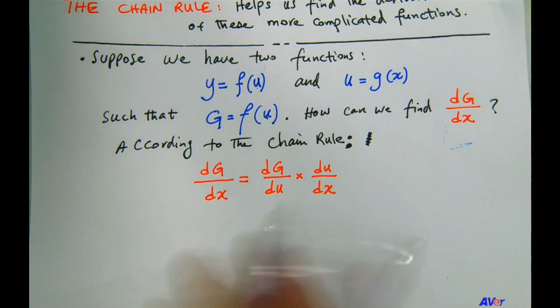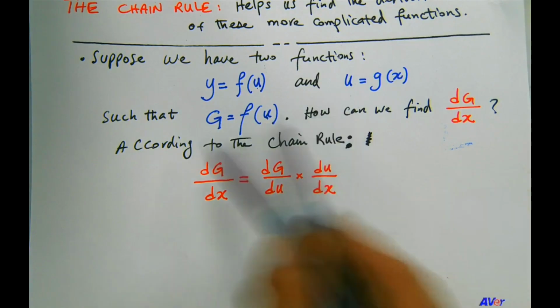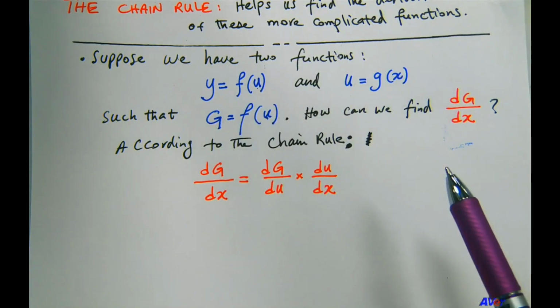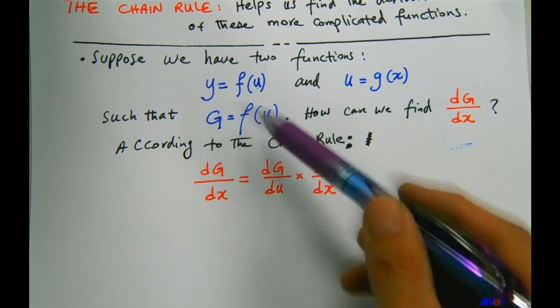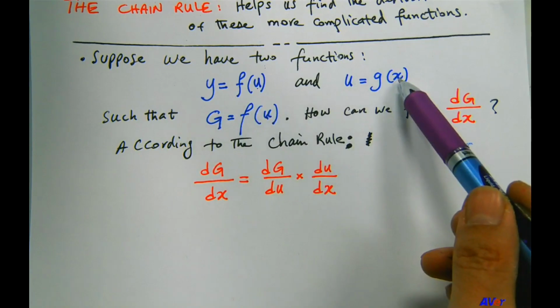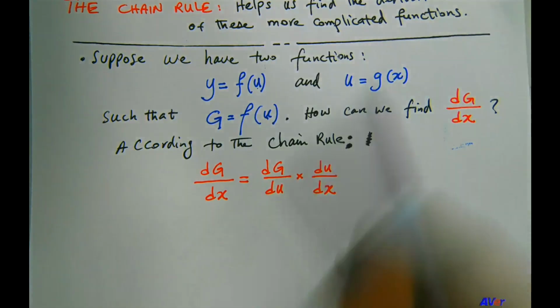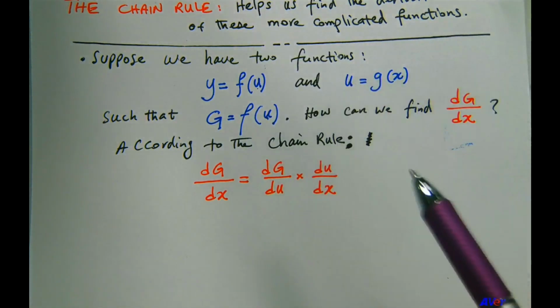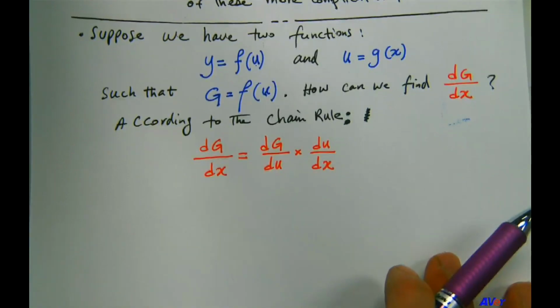So take the time to understand the connection between these different functions, because we're taking the derivative of function G with respect to a variable x that is not directly connected to G, but indirectly it is connected to it via function u. So the chain rule is essential in finding that derivative.